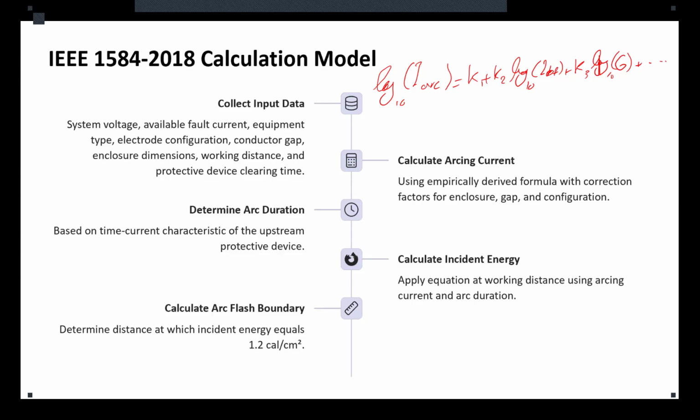Now, the next step is to determine the arc duration. This is the clearing time of the upstream protective device. It could be a breaker or a fuse. You can find this by running a time current coordination study, or by identifying the time at which the arcing current intersects the TCC curves.